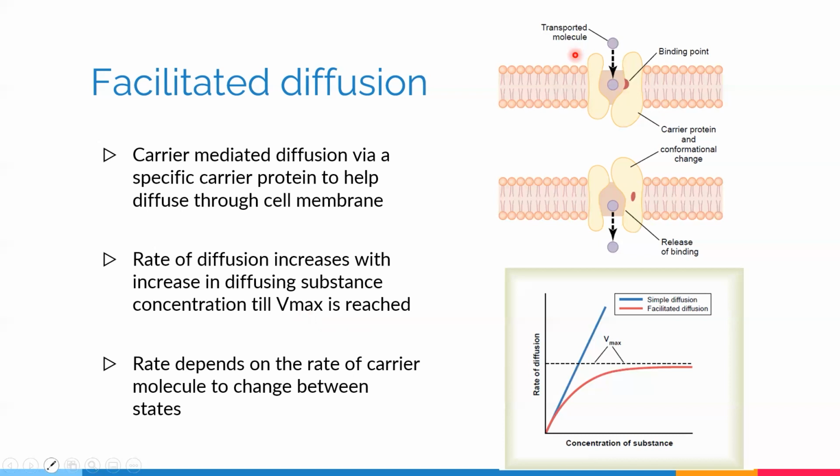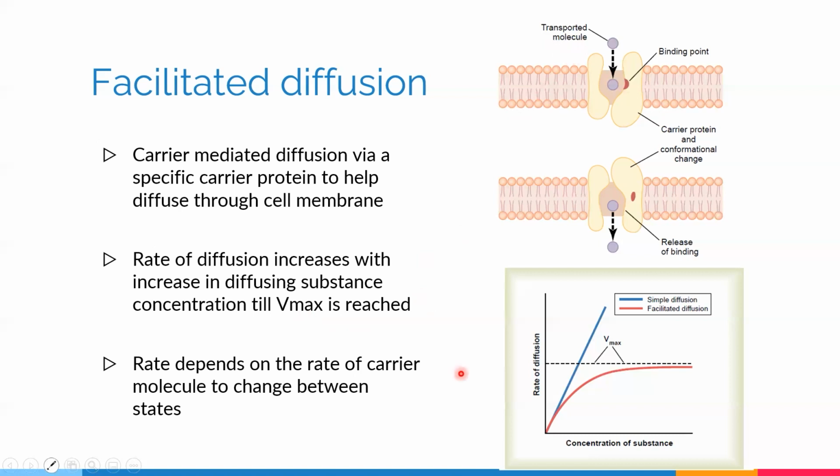So what does this mean? In case of simple diffusion, we know that if the amount of diffusible substance increases, then the rate of diffusion will also increase. It is also the case in facilitated diffusion, meaning that if the transported molecules amount increases, then a higher rate of diffusion we see.